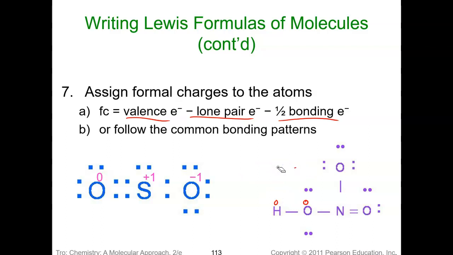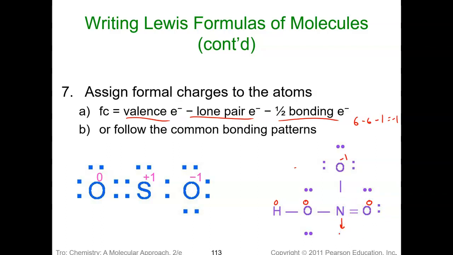Let's do this oxygen. 6 valence electrons minus 2, 4, 6 free ones minus 1 that's bonded. So this one is -1. Let's do this oxygen. 6 valence electrons minus 4 free ones minus 2 bonds. So that is 0. This one is 0.